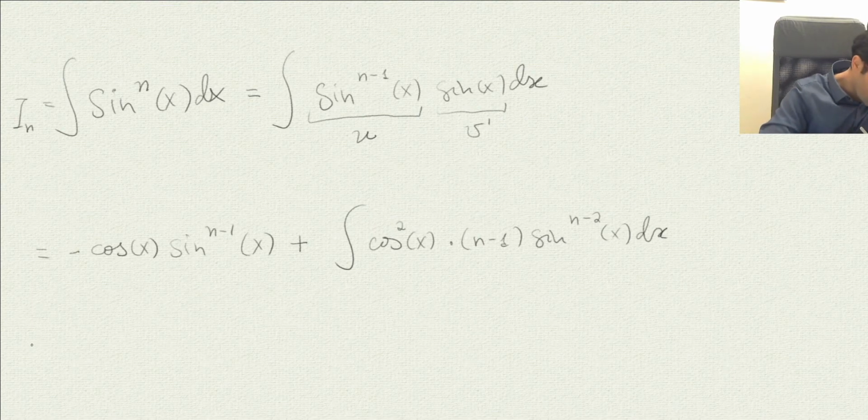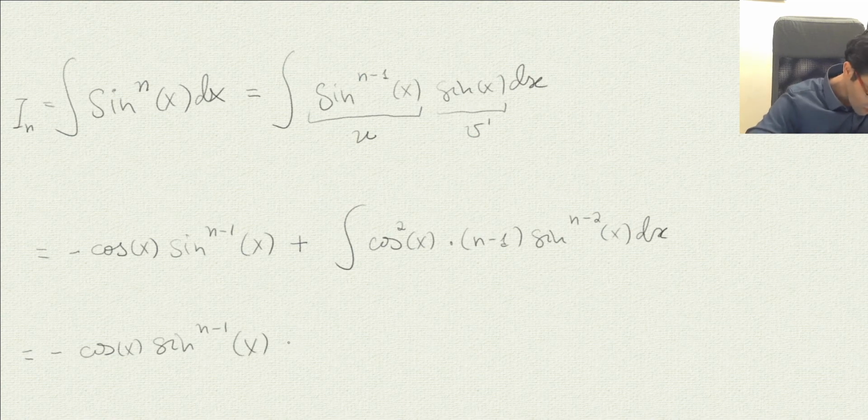And now if we rearrange this, we will write it in the following way. So this is minus cosine of x times sine to the power of n minus 1 of x, and here we're going to have n minus 1. And basically, this cosine squared, I'll write it as 1 minus the sine squared of x.